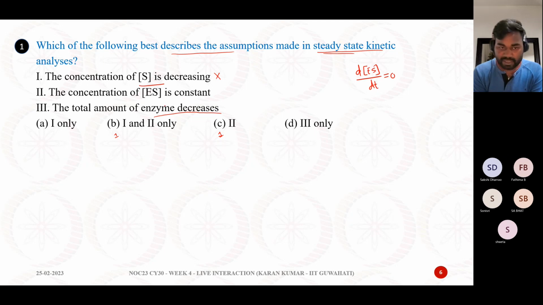Anyhow, enzyme is not being consumed, so this statement is wrong. The only statement which talks about the steady state, that means the ES is constant, so option C is correct here. Is it clear? Okay. So option C is correct, which means the concentration of ES will be constant.